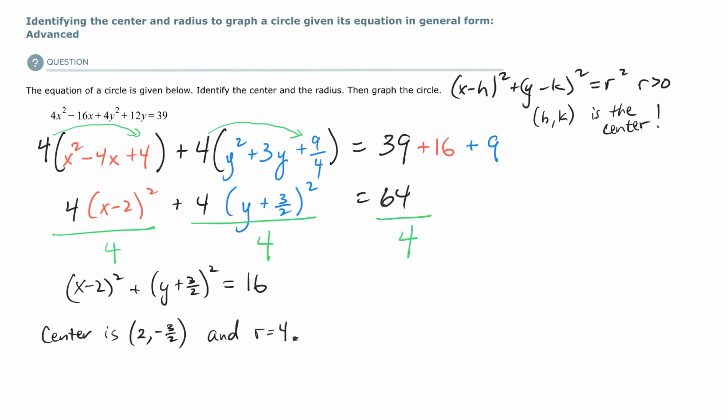Now, we also need to graph this. It looks like we are in the third quadrant, so I'm going to make more room to graph this in the third quadrant. If you have graph paper, that always helps. I'm going to draw some axes here with a straight edge.